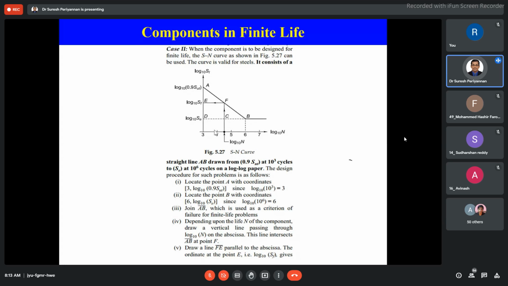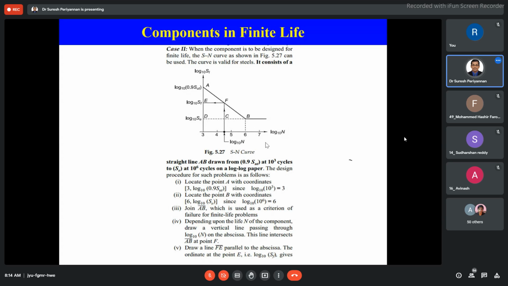Now the component is subjected to practical applications. I know the number of cycles. Then at the corresponding number of cycles, I would like to find out the stress amplitude. Hence we are going for this concept, finite components in finite life. We are considering these two points.